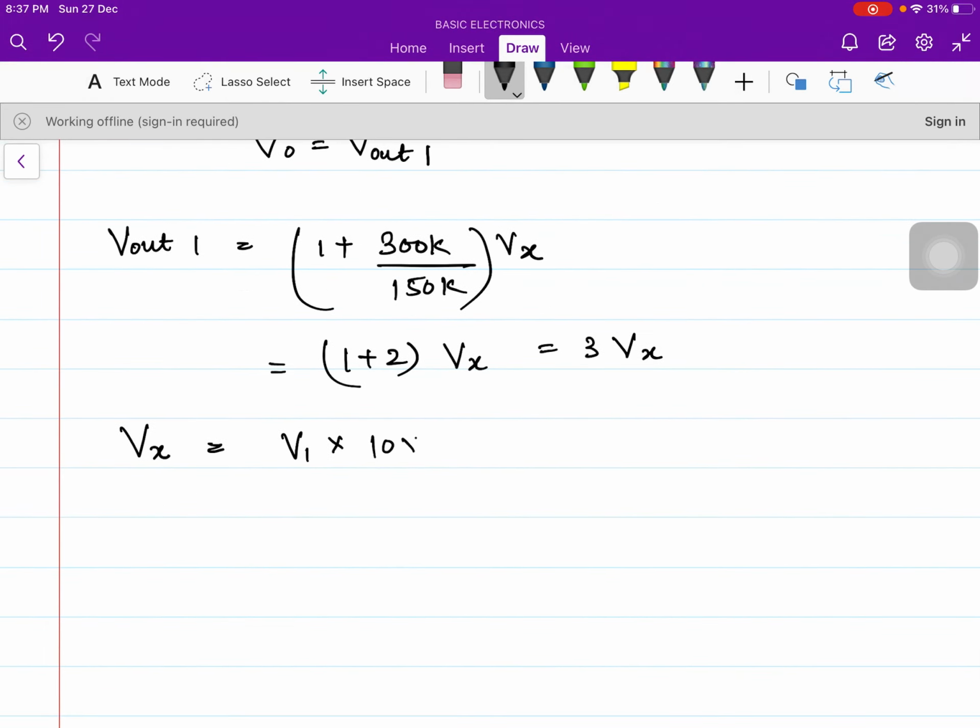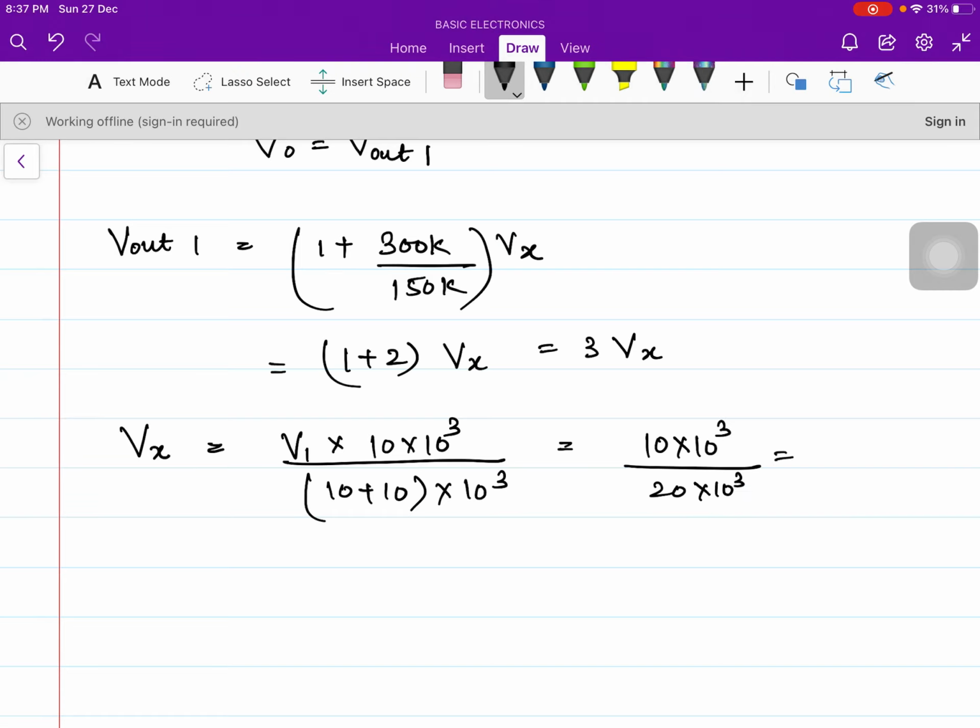So it is total voltage V1 into the resistance across which you want to calculate the voltage, upon the sum of the resistances which are in series. What is V1 here? 1 volt. So it comes out to be 10 into 10 raised to the power 3 upon 20 into 10 raised to the power 3, that is 0.5 volt.